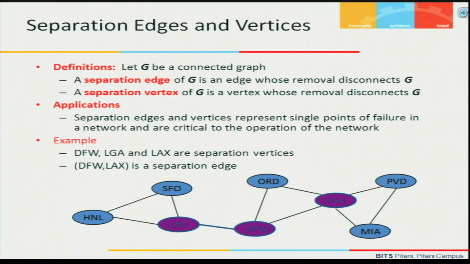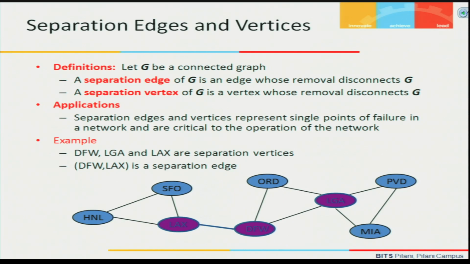We look at one more application which is called biconnected components. Before we look at the application, we are going to define a few things. A separation edge is an edge whose removal is going to disconnect a graph, and a separation vertex is something which, if removed, will make the graph G disconnected.